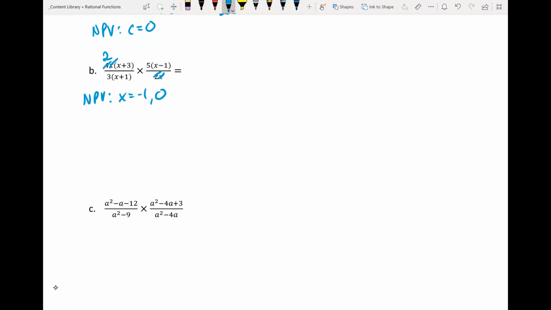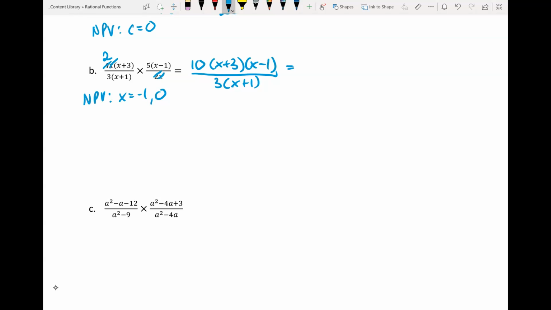So I'm going to go ahead and multiply our numerators. So 2 times 5 is 10. We can multiply the coefficients. And then I'm going to leave our x plus 3 and x minus 1 alone for now. This is all over 3 times x plus 1 because we already canceled out the 2x.